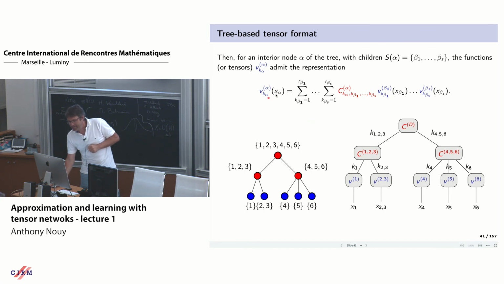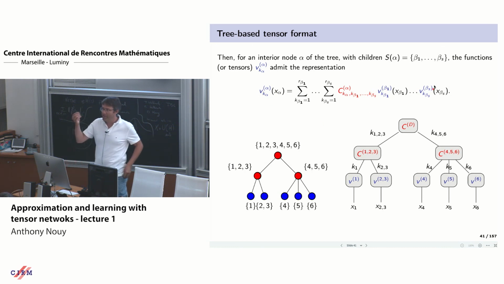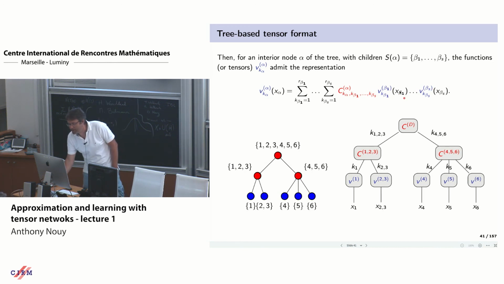Okay, so these are elements of the basis of the minimal subspace alpha, that I represent as a linear combination of products of the bases of the minimal subspaces associated with the partition of alpha. Okay? So this is the second step.